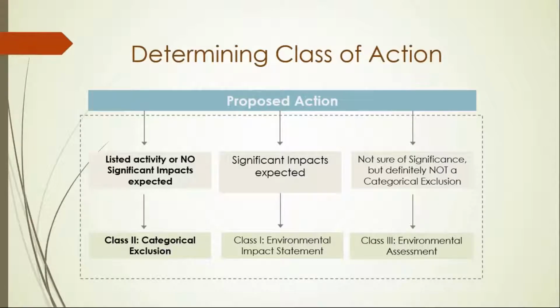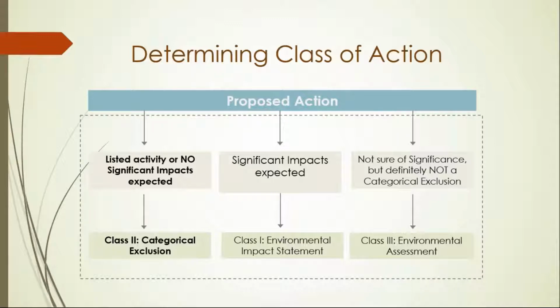I'm going to direct your attention to Part 1, Chapter 2 of the manual, which is the class of action determination for federal projects. Here you will find information on how to determine the level of environmental document you will need to satisfy NEPA. There are three classes of action for federal projects, as shown on the bottom of this slide. The class of action is dependent upon whether the project will have significant impacts.